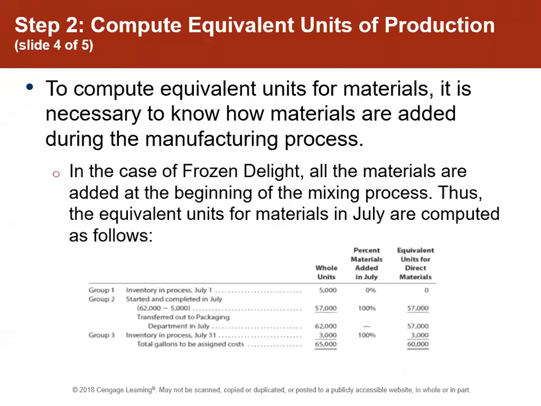So I know this is kind of small, but this is our first example we're going to look at here in a second. It says, to compute equivalent units of materials, it is necessary to know how materials are added during the process. So all materials are added at the beginning of the process. When we use the first in, first out method, what we assume is anything in beginning inventory, we've already assigned a cost to.